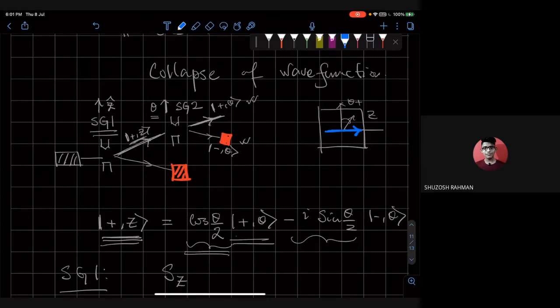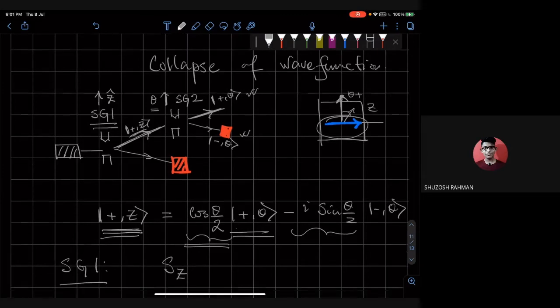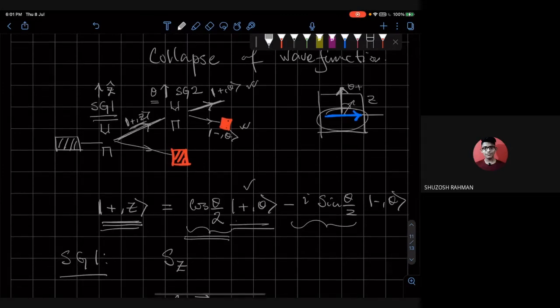But if you're now observing in this direction, we know that the state is going to be expressible in terms of this thing and this thing. And of course, half of it will be this and half of it will be this. The amplitude is 1 over square root of 2, 1 over square root of 2 mod.